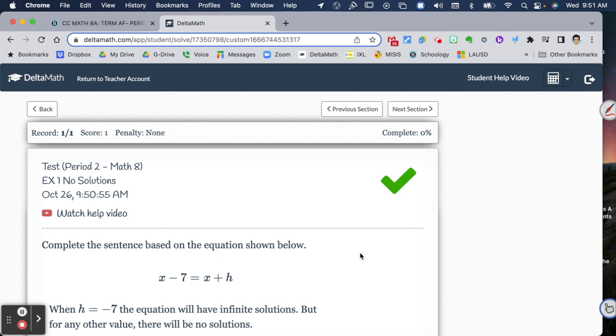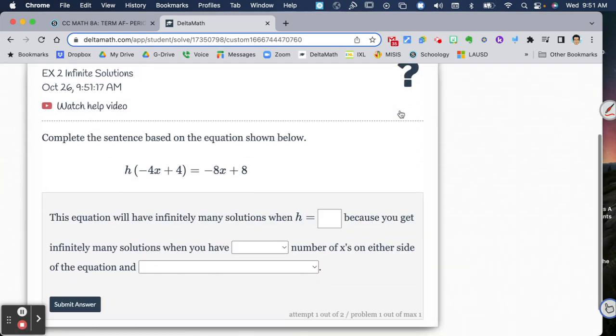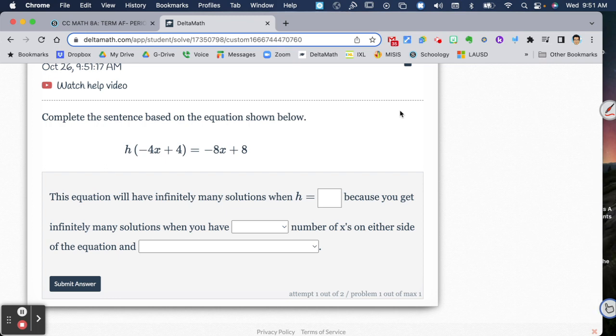Okay. Let's move on to level 2 questions. You guys ready? Shall we move on to level 2? Yes. Let's do it. So this time we just have to think a little bit ahead and realize what we get when we distribute. Because h is going to be distributed into -4 plus 4.